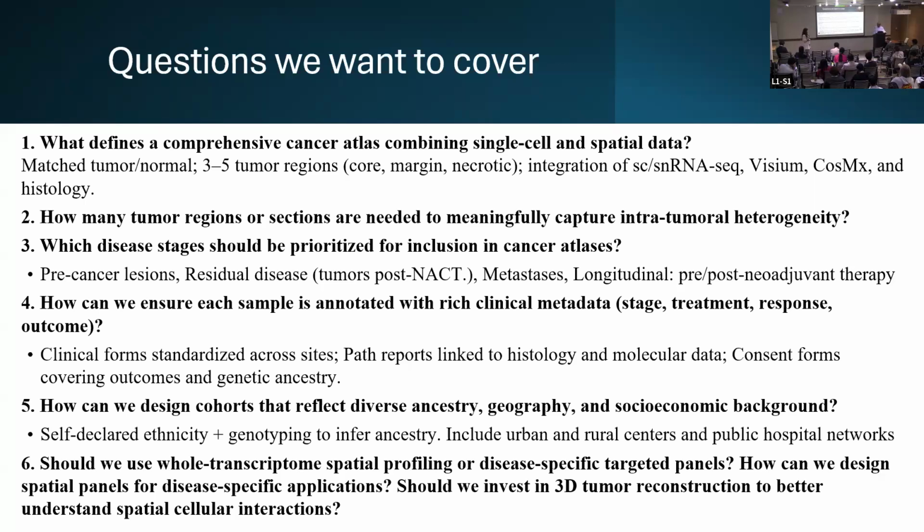So the last question here, on this page: should we use whole transcriptome spatial profiling or disease-specific targeted panels? The panel can be designed based on the single cell, single nuclear data of the tumors, or should we go all over again, starting from the beginning? In this case, let's think that money is a constraint.